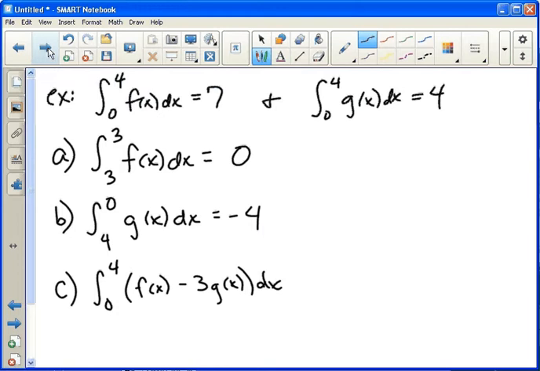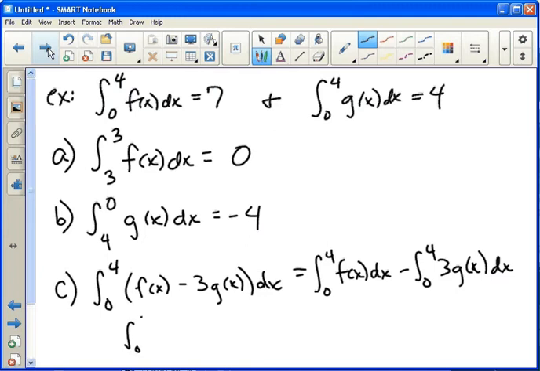I'll write it as the integral from 0 to 4 of f of x minus the integral from 0 to 4 of 3 times g of x. Also, one of the properties in there said that we're allowed to pull constants out front. So let's rewrite it again and put the 3 out front.